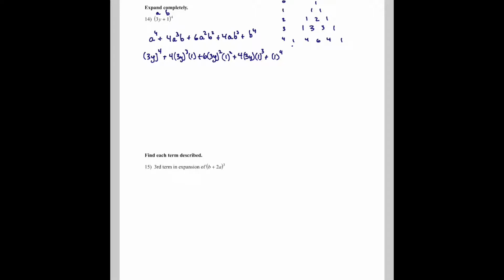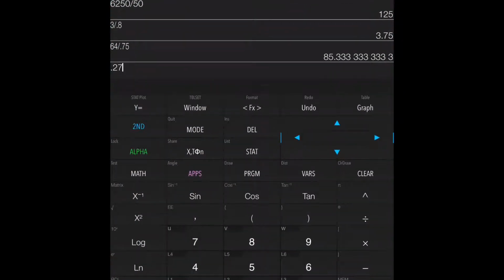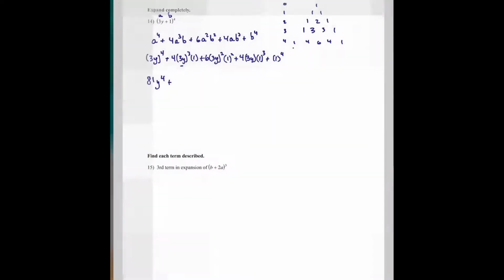3y raised to the 4th power is 81y to the 4th. And then here you do this exponent first. 3y to the 3rd power is 27y cubed. And then you multiply 27 times 4. It's 108.